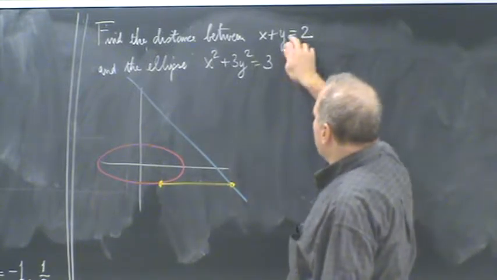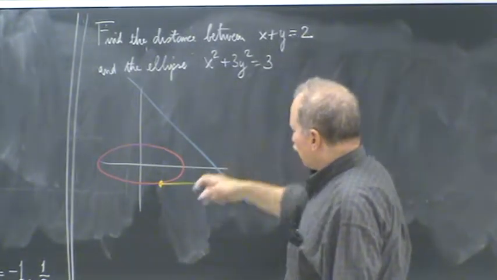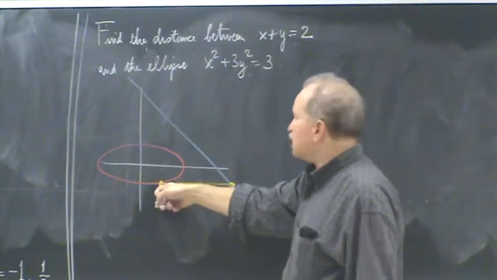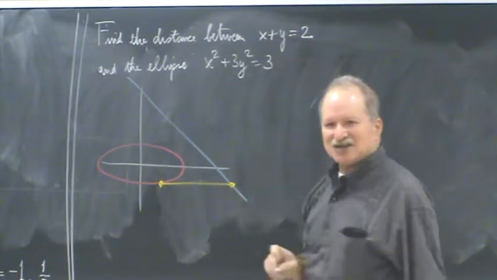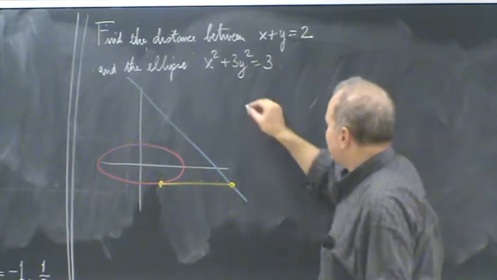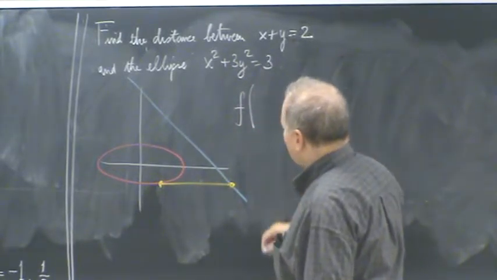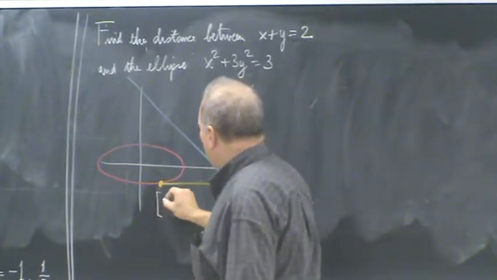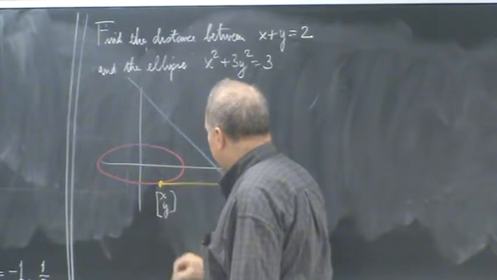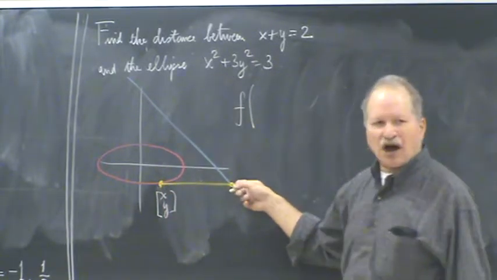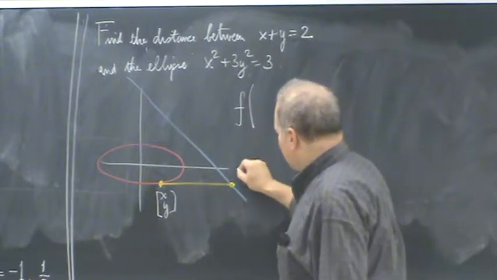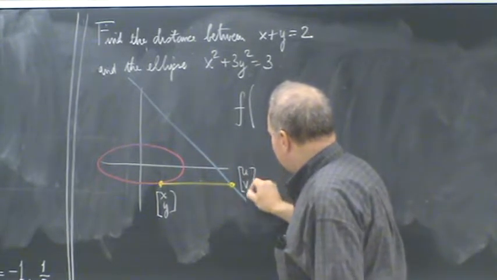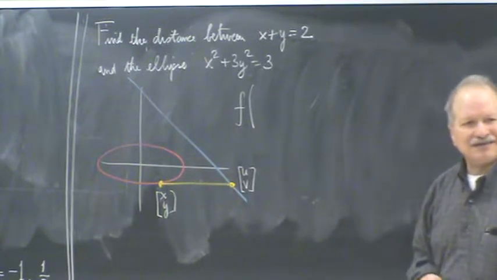I have two equations, but what am I trying to do? I'm trying to look at the distance between a point that satisfies this equation and a point that satisfies that equation. So it seems to me I want a point x, y on the ellipse, and I don't want to use x and y for the other point. Two other letters, u and v.